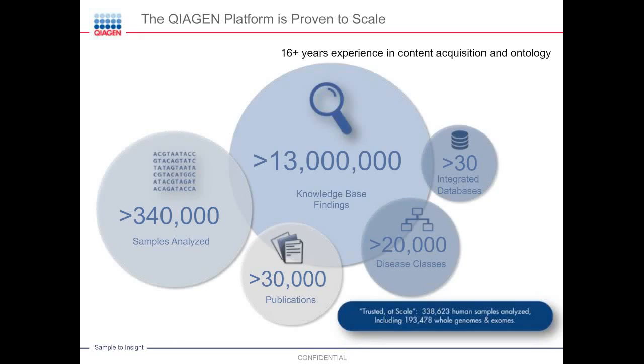QIAGEN Bioinformatics is a relatively young subunit of QIAGEN. QIAGEN is well known as a leader for sample extraction kits, so to extract DNA from different kinds of tissue. In 2013, QIAGEN bought 3 bioinformatics companies. CLC Bio, which was famous for data analysis tools and software, Ingenuity Systems for interpretation software, and BioBase for biological databases.